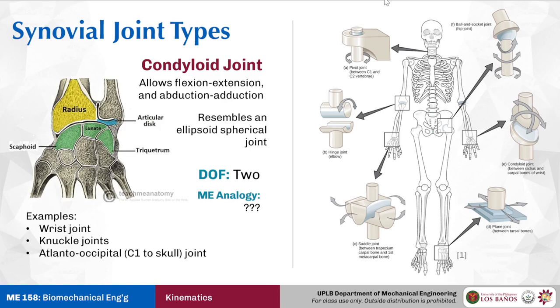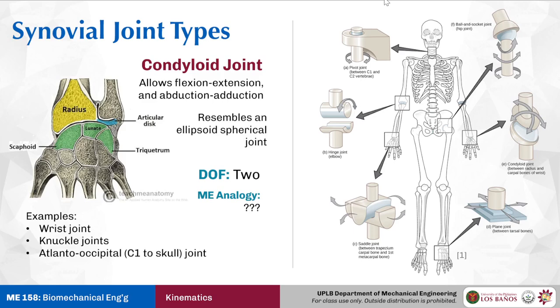So condyloid joints are ellipsoid joints. They allow flexion and extension and abduction and adduction, so their degree of freedom is only two. Although we have the universal joint, which has two rotational degrees of freedom, I'm not sure if this is analogous because it's basically made up of two R joints, and this thing is just one joint.